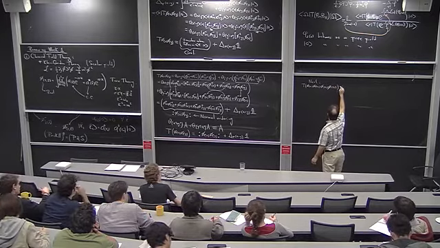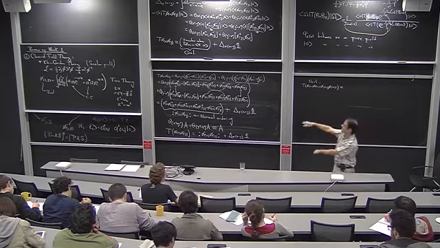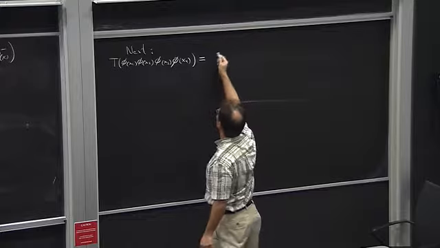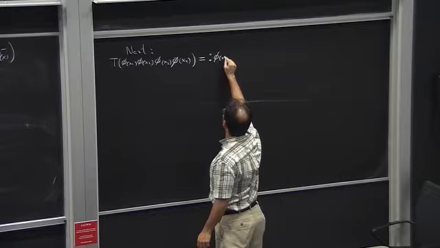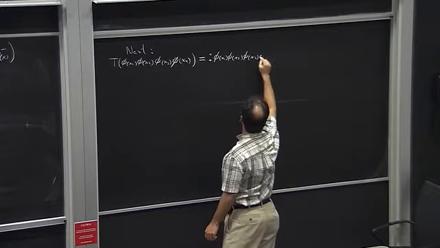So let me do 4, okay? Of course, we're not going to do the same exercise I did here. It will take a long time, but I can tell you what the answer is. The answer is, you take the normal ordering of phi 1, 2, 3, and 4, okay?